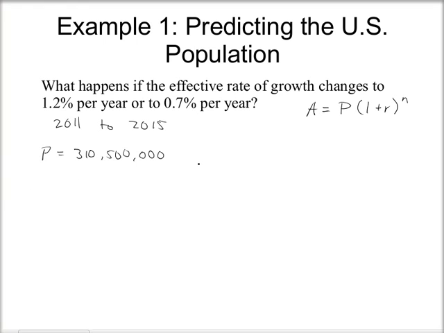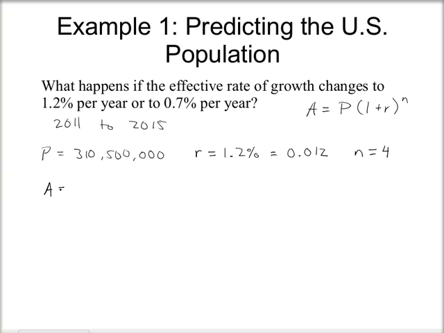So what happens if my rate of growth is 1.2%? In decimal form, that is 0.012. The amount of time we're looking at is still the same, 4 years later.